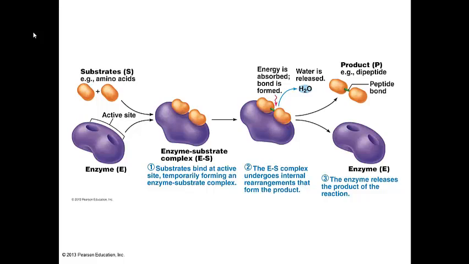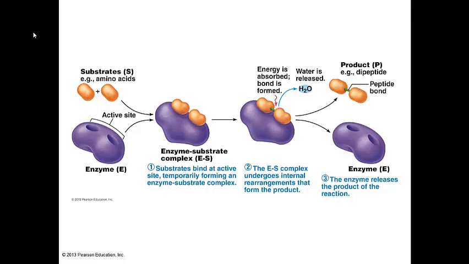When we talk about transcription and translation and protein synthesis with the help of DNA and RNA, we're going to talk about enzymes that are involved there that are going to help hook those amino acids together, form peptide bonds, and form polypeptides. Okay? Everybody with me? All right, so those are my enzyme guys.